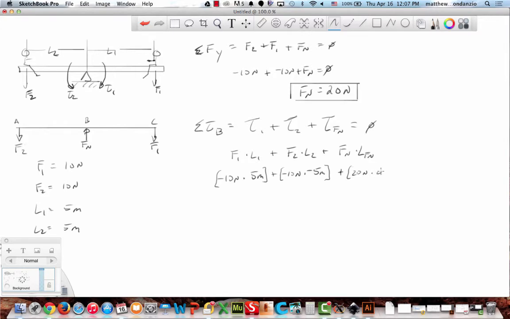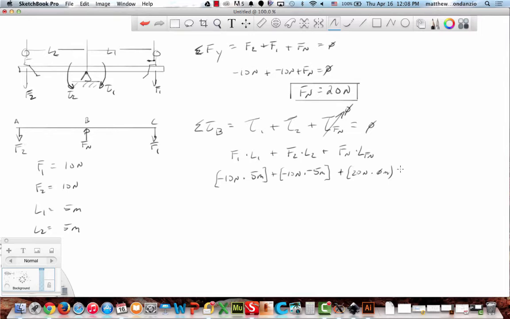How do we know that? Because we're summing the torques around point B, which is the pivot point, and force N is coming from the pivot point. If the force is at that point, then the distance between the force and that point is 0. That's why this torque Fn goes to 0, and why when we did it the first time, it didn't exist. So when would it not equal 0? I'm going to do an example in a minute.